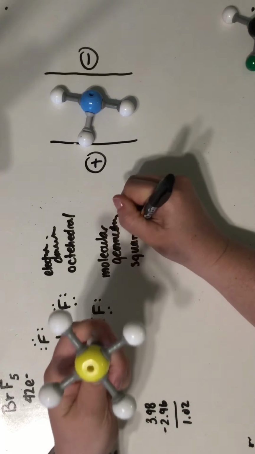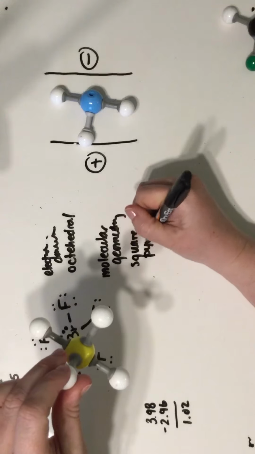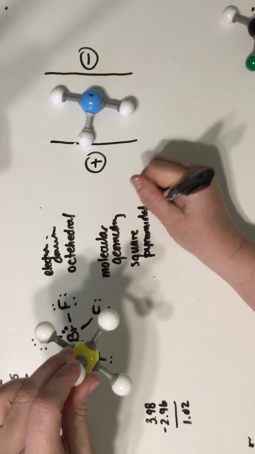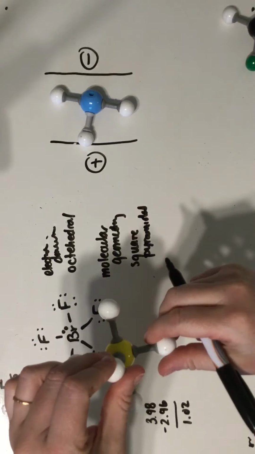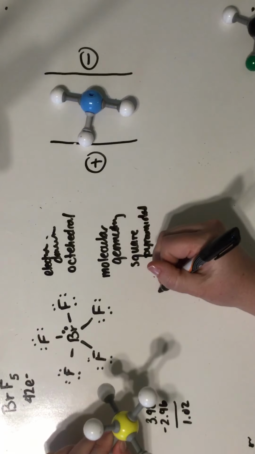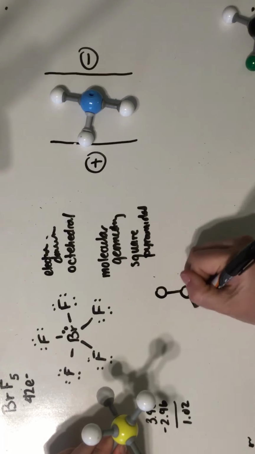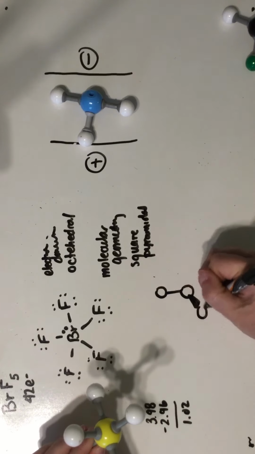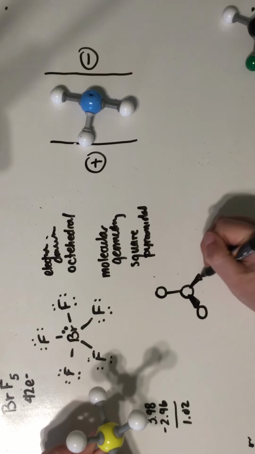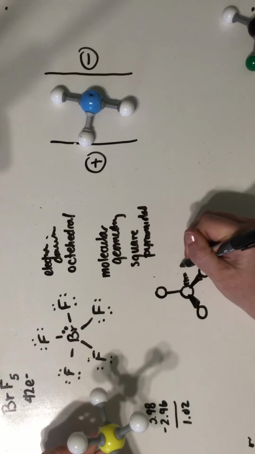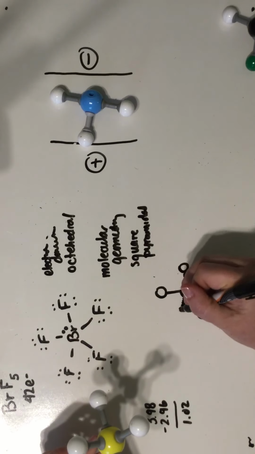Square, because it has a square bottom, pyramidal, because it also has that point to make a little pyramid on top. When we're drawing these, we usually can do something like this to show a couple of them coming out of the page and a couple of them going into the page.